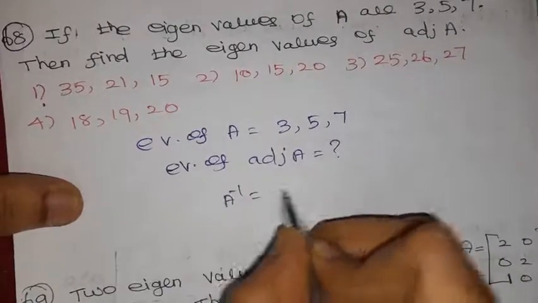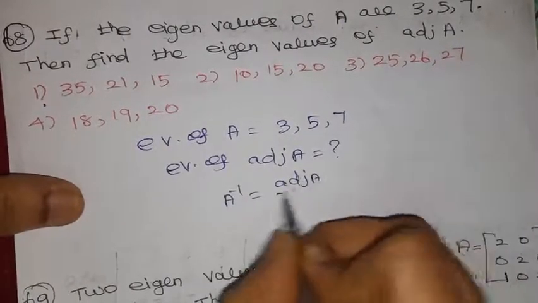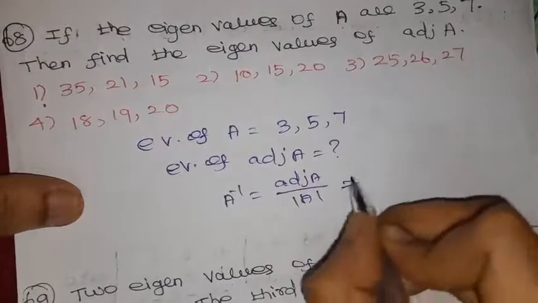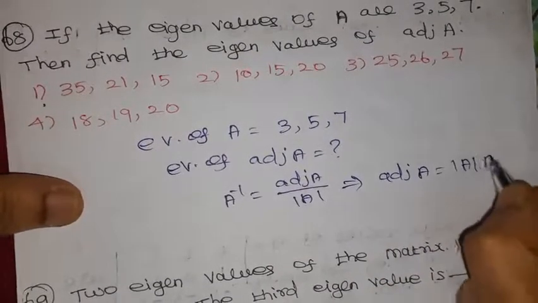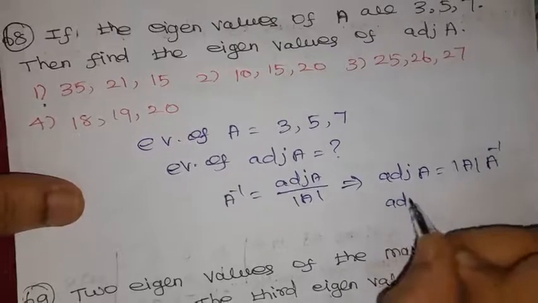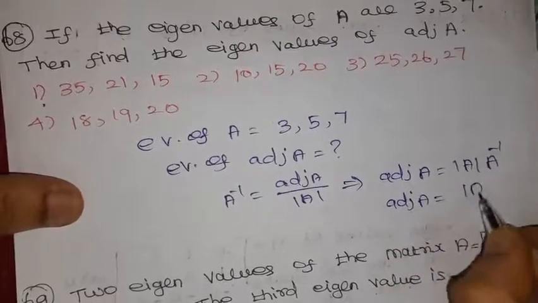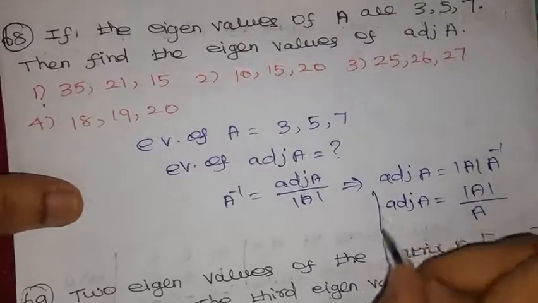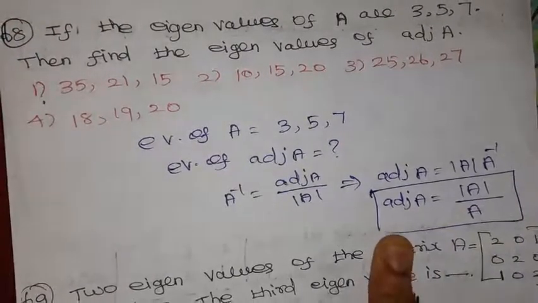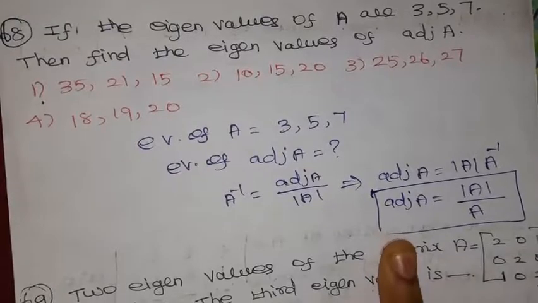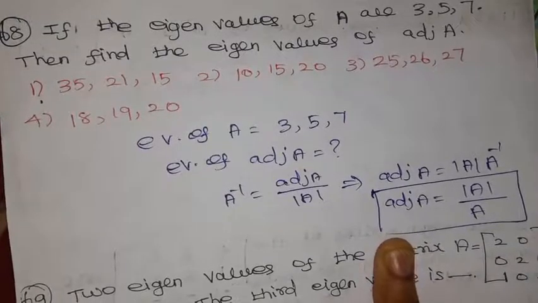A inverse equal to adjoint A divided by mod A. From that, adjoint A is mod A into A inverse. Adjoint A is nothing but determinant of A divided by A. So this is the step. Eigenvalues of adjoint of A we need to find out.